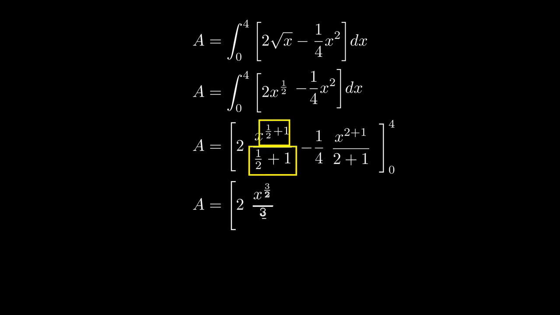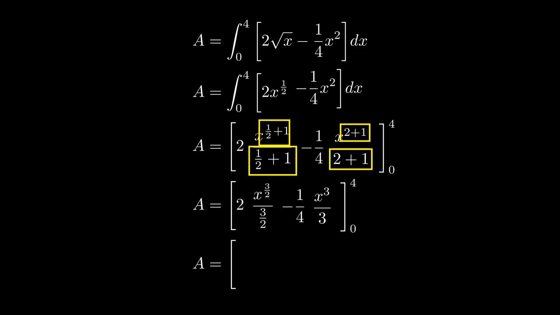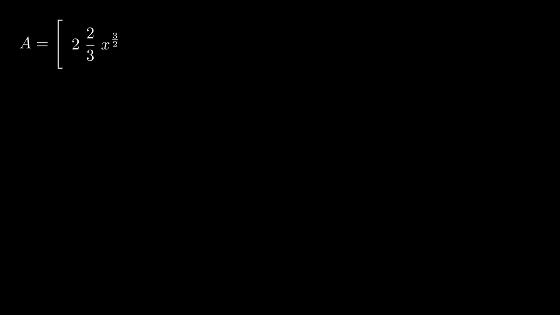One by 2 plus 1 gives 3 by 2, and 2 plus 1 gives 3. Now, 3 by 2, take the reciprocal, then multiply 2 by 3. Next, 4 times 3 is 12. Now 2 times 2 equals 4.